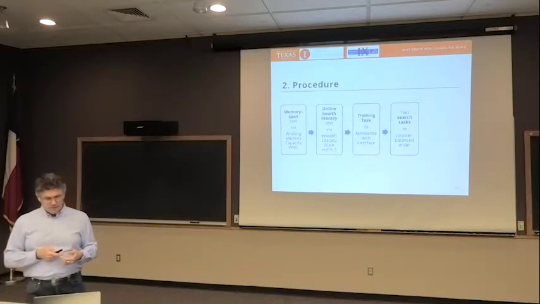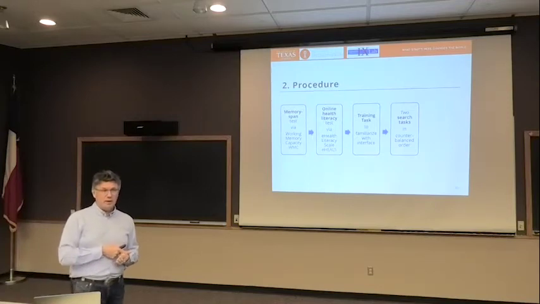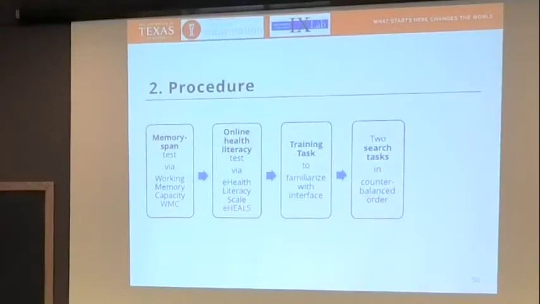The procedure involved first assessing memory span, that is the working memory capacity, because we had a hypothesis that people at different levels will perform differently. Because topics were related to health, we also tested online health literacy using a common instrument called eHealth. And then there was a training task for them so that they get familiar with the overall setup of the system.